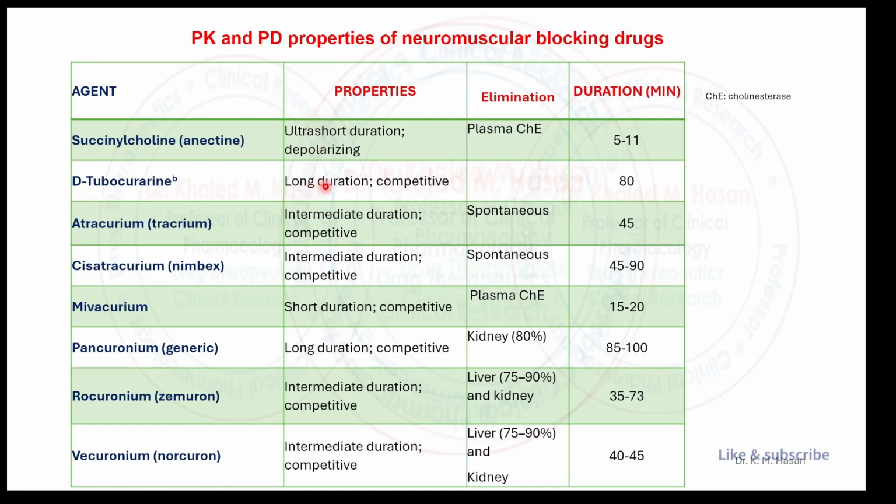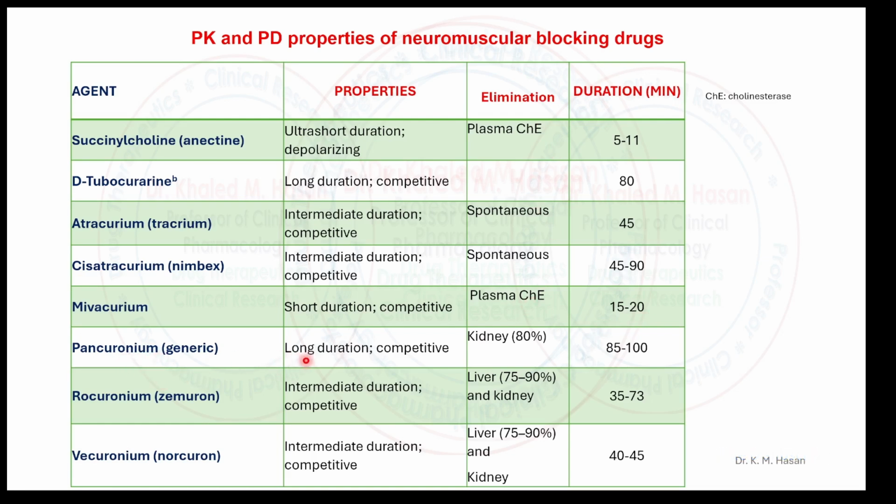Tubocurarine, long duration of action, competitive, 80 minutes. We don't have it in practice. Atracurium, intermediate duration of action, competitive, and will be metabolized spontaneously, 45 to 90 minutes. Mivacurium, short duration of action, plasma cholinesterase metabolism, 15-20 minutes.